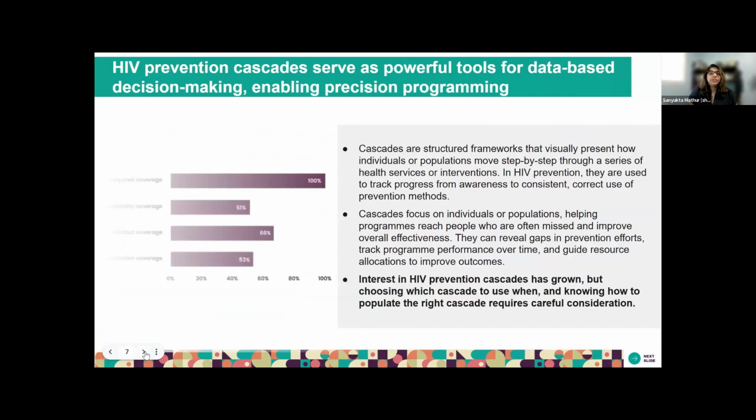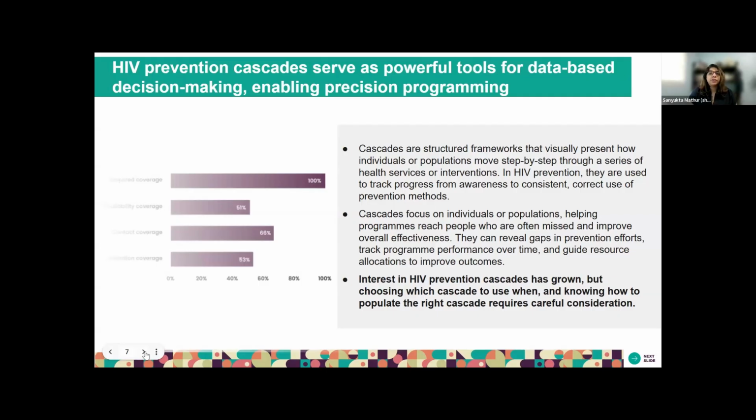HIV prevention cascades really serve as a powerful tool for data-based decision-making and enabling precision programming. Cascades are structured frameworks that visually present how individuals or populations move step by step through a series of health services or interventions. In HIV prevention, they're used to track progress from awareness to consistent correct use of prevention methods.